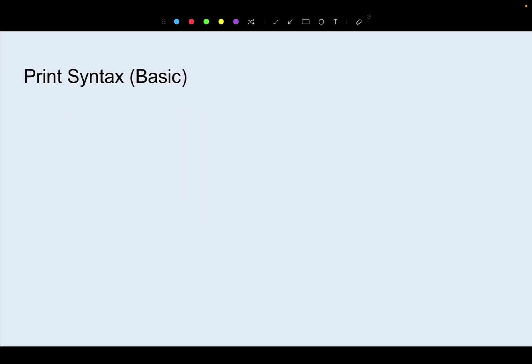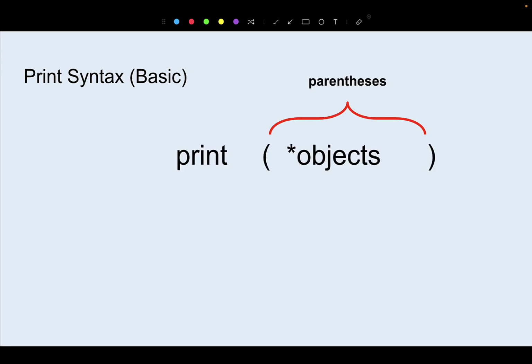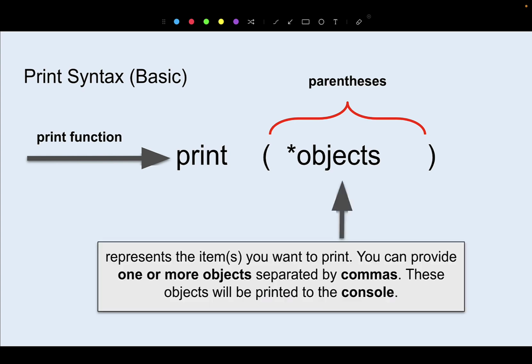So let's take a look at the basic syntax for our print statement. We have the keyword print, and then from there we have what we call the objects. Print is a built-in function in Python, and the objects represent items that you want to print.